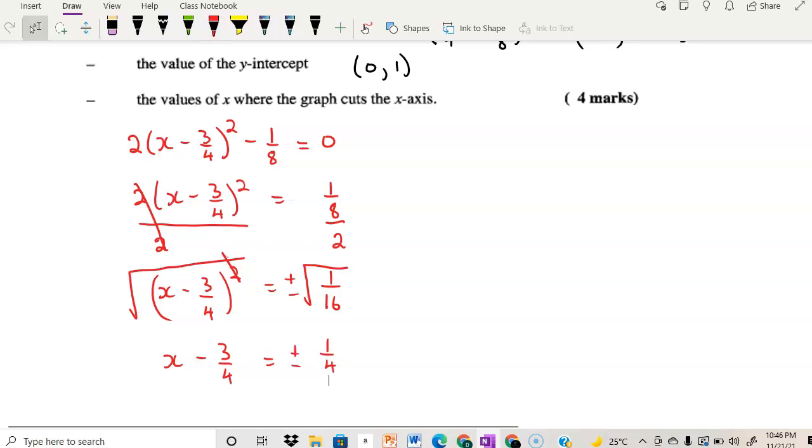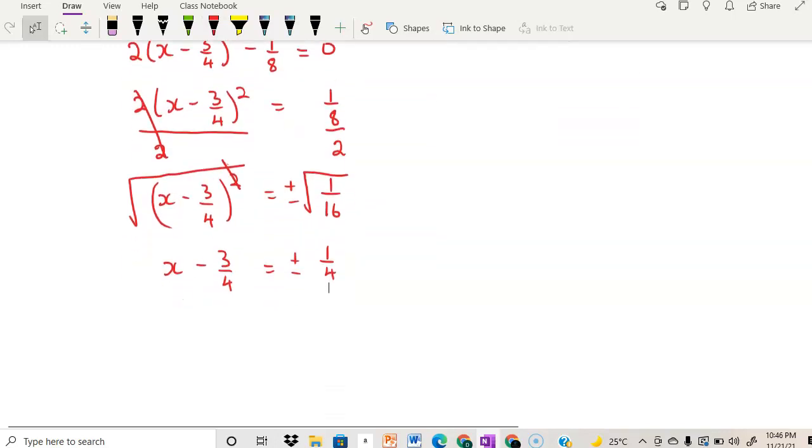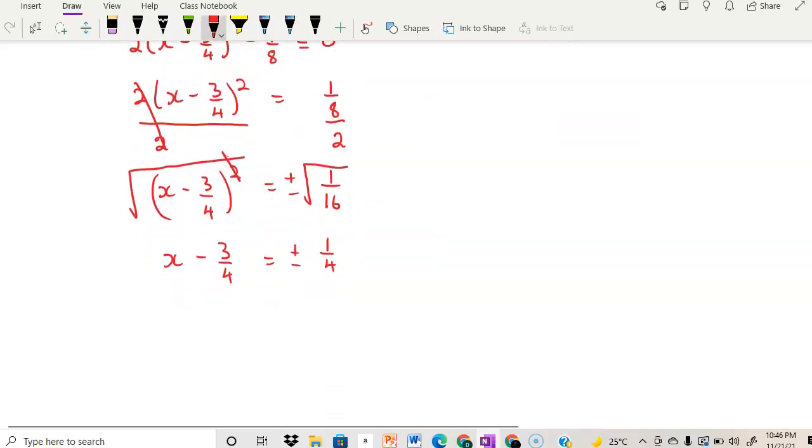Our next step to get the x values is to transpose the -3/4. So we have x is equal to plus or minus 1/4 plus 3/4.